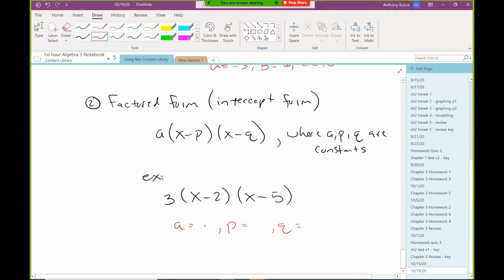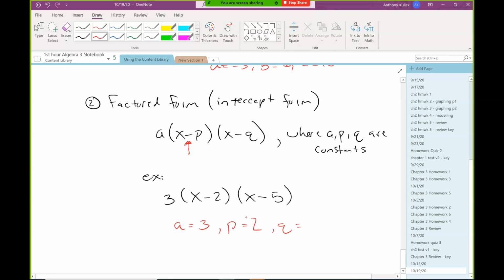Our value for a is 3. Our value for p, be careful here, is positive 2, because look at the formula. The general form has a minus sign in it already. So if I put a negative 2 in for p, I'd have x minus a negative 2. So really our value for p here is just 2.